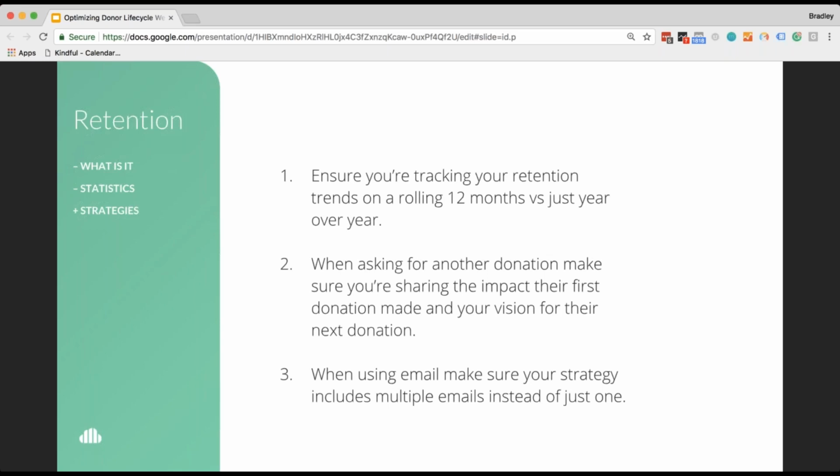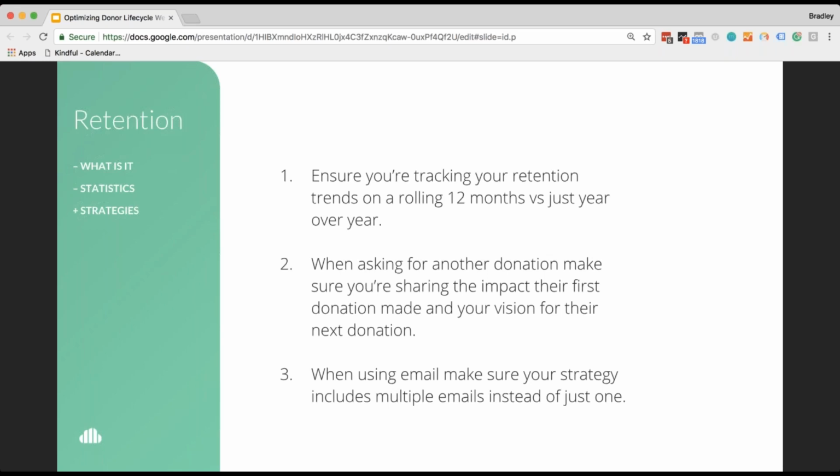So number 3, when using email, make sure your strategy includes multiple emails instead of just one. And I would even go further to say that it's not only with email that you should be doing this, but especially if you think someone may be at risk of lapsing, you should ensure that you have a progressive communication strategy.